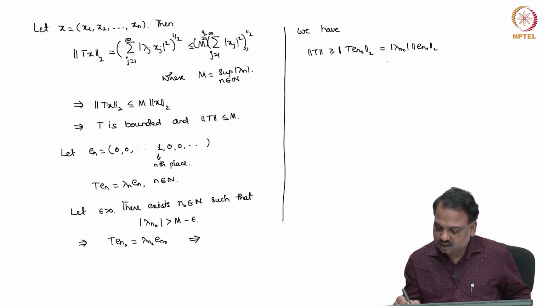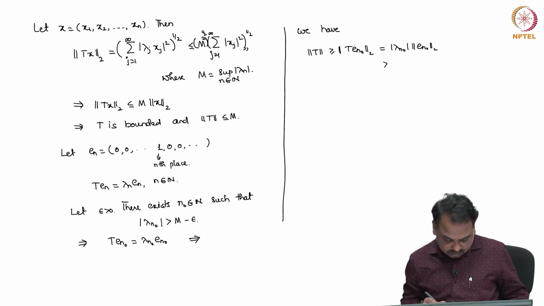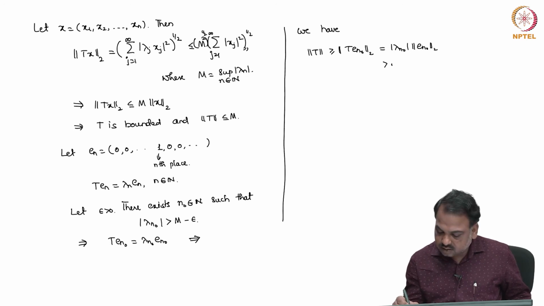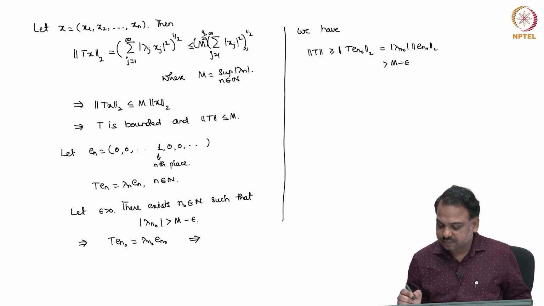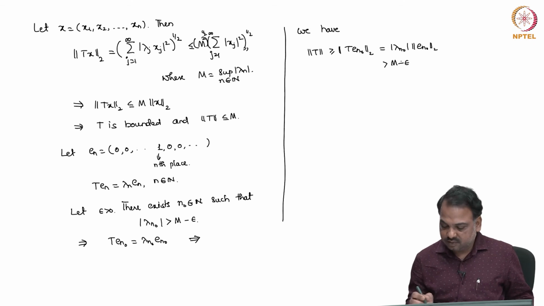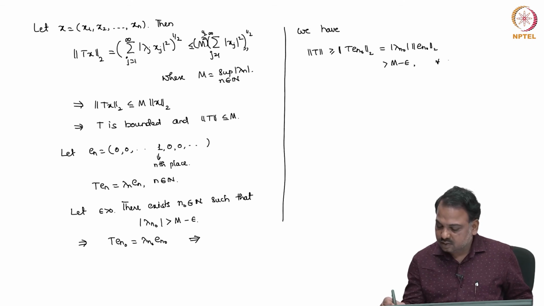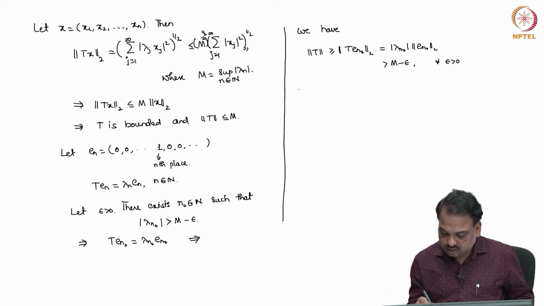So that is 1, and we know that mod lambda n naught is bigger than m minus epsilon. Now this happens for every epsilon. So from this we can conclude that norm of T is bigger than or equal to m. So hence we can conclude that norm of T is exactly m.